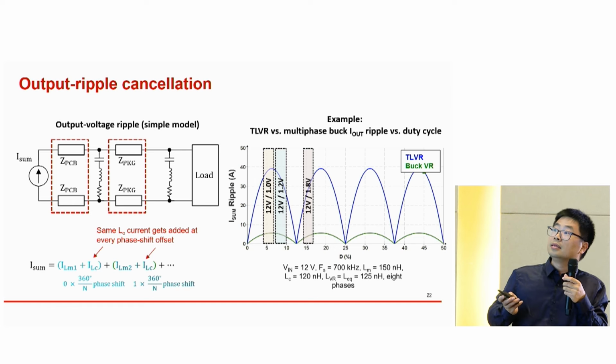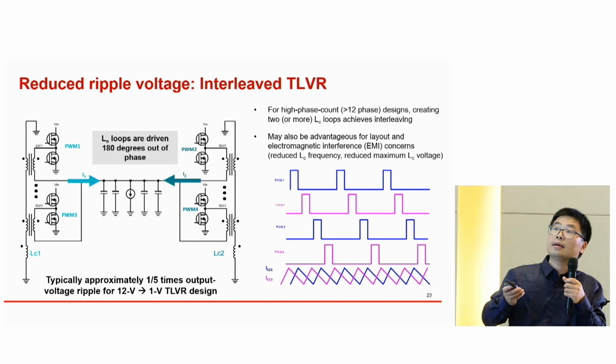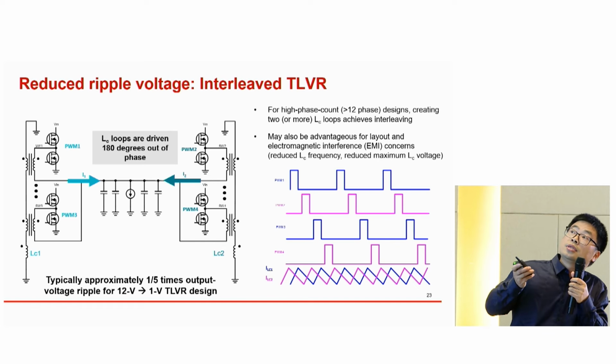But if people want both the transient response and a low output ripple, what can we do? We can just use the interleaved TLVR. If the number of phases for the TLVR is enough, we can divide them into two parts, this part and this part, to make this interleave.